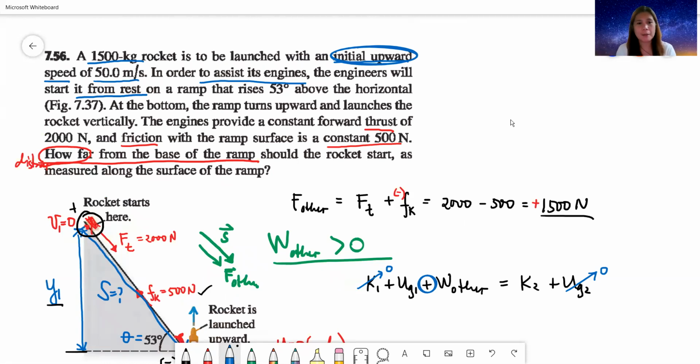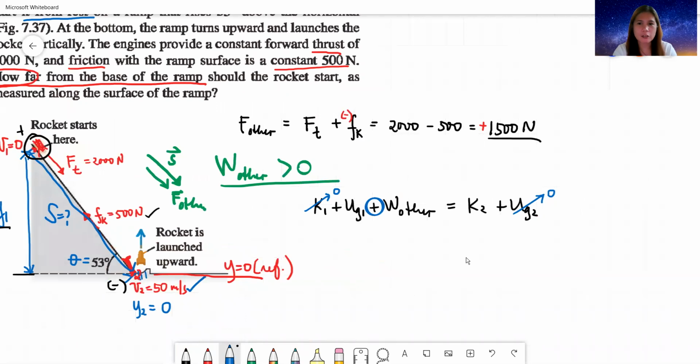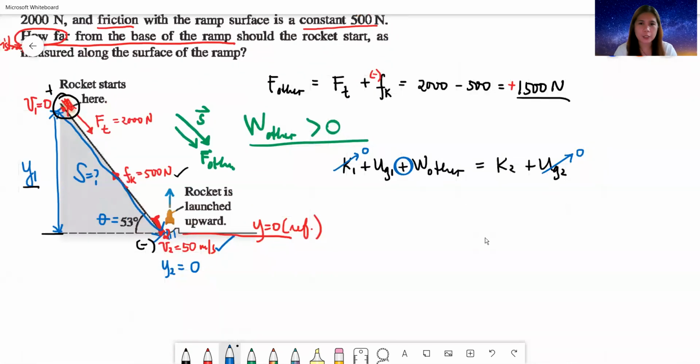So that, when it goes down here, you have UG plus the work done by the engine, then the final speed will be much greater. Because the target speed for launch is 50 meters per second. Right? So, that's the physical meaning of this part of our equation here.